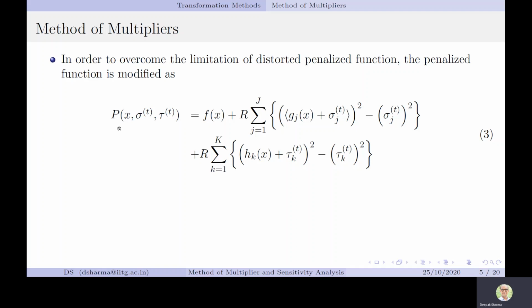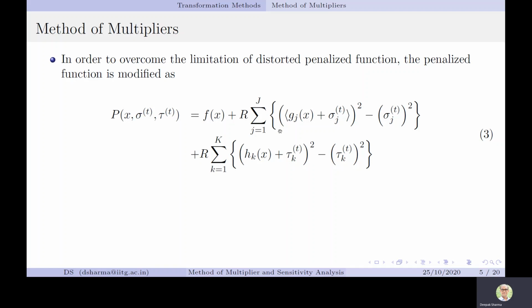Therefore, in order to overcome this distortion, which is creating a problem for us, we have this method of multiplier where the penalty function is written in terms of x, sigma t, and tau t. So these two new terms are introduced here. If we look on the right hand side of equation number 3, we have the objective function plus R times, throughout all the constraints, a common R value.